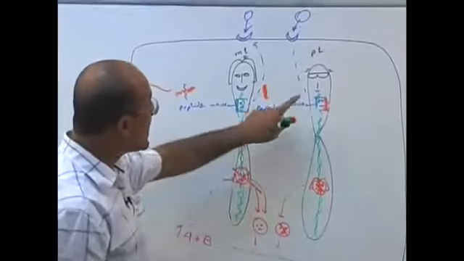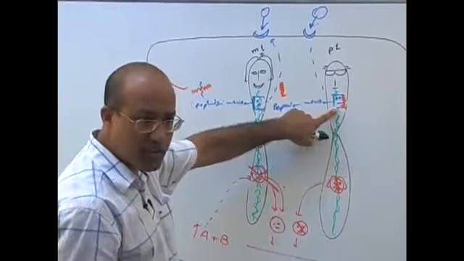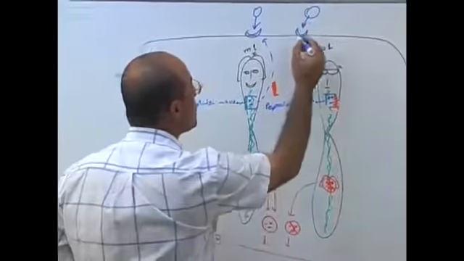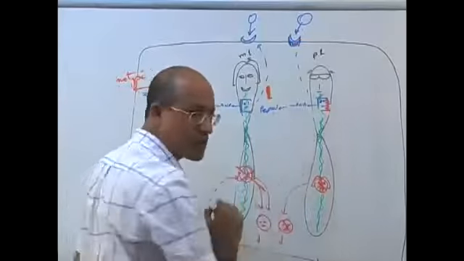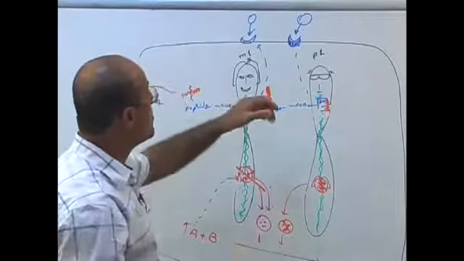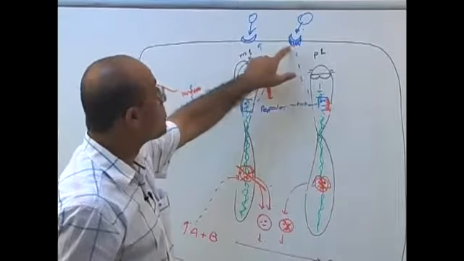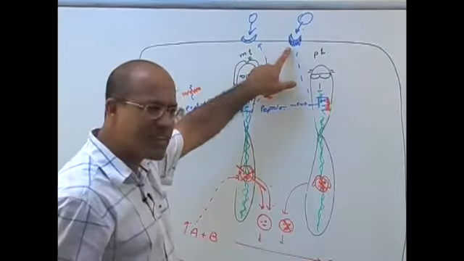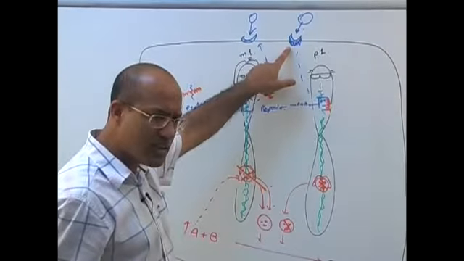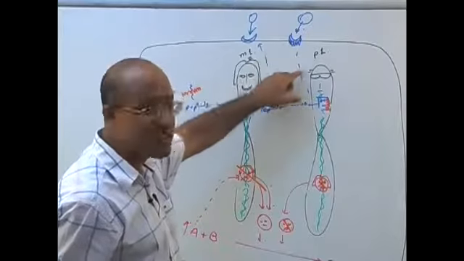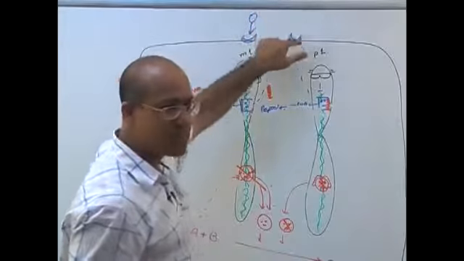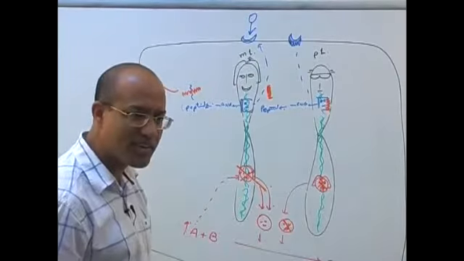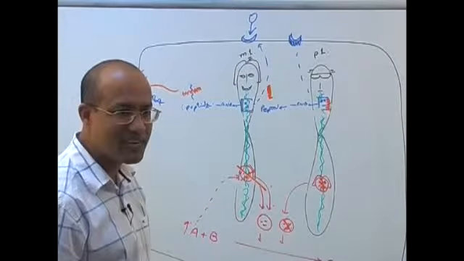Now, what happens if this gene becomes mutant, then this protein also becomes mutant. Is that right? Now, this mutant receptor is behaving in a strange way. You know what it is doing? It starts giving the signals even if the ligand is not there. Is this gain of function or loss of function? Gain of function. Is that right?